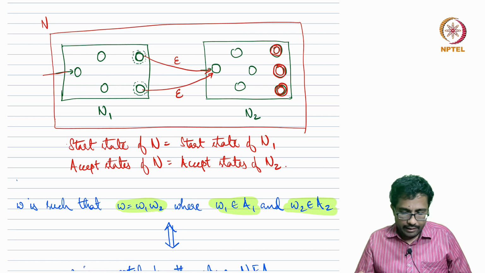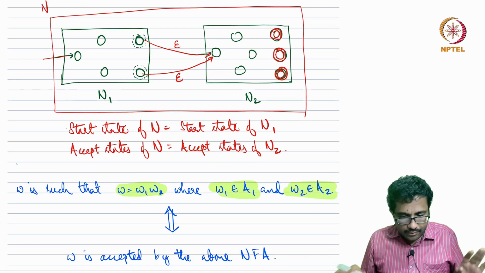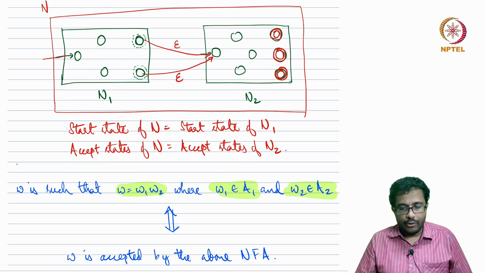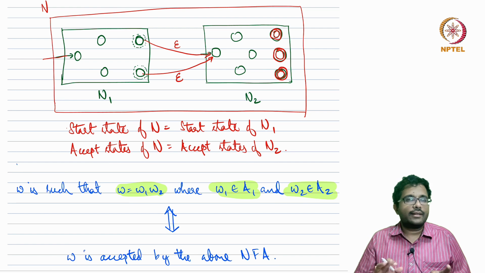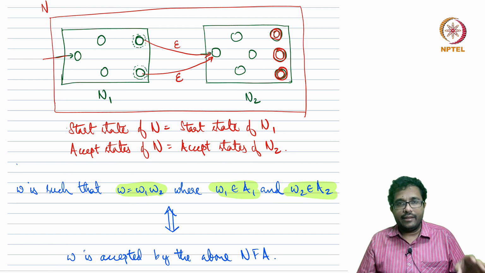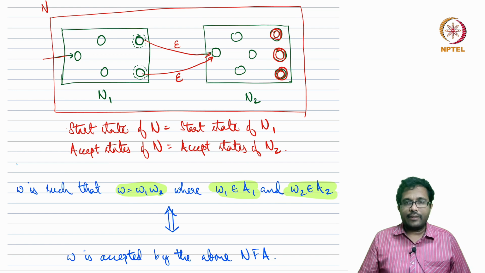The rest of the details you can see in the book, but pretty much this is the proof. It's quite simple. We don't tamper with the internal states or the internal transitions. We just make the start state of N1 the start state of N, the accept states of N2 the accept states of N, and we add epsilon transitions from the accept states of N1 to the start state of N2, and that's it. This is our NFA that accepts the concatenation language.